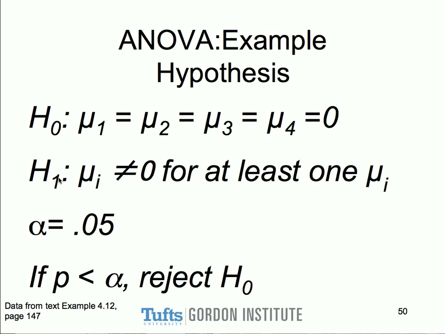Our alternate hypothesis is that there's going to be a change for at least one of them. The significance we want to test at is 0.05. And remember, if the calculated p-value is less than alpha, we reject the null hypothesis.